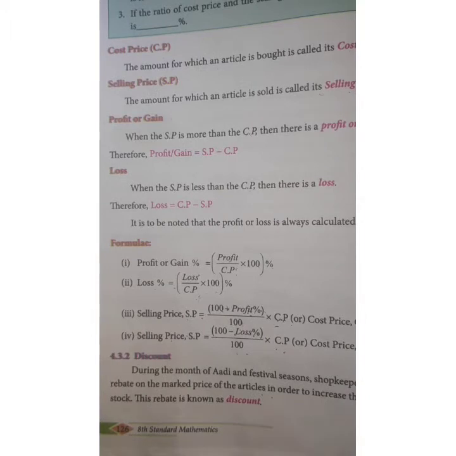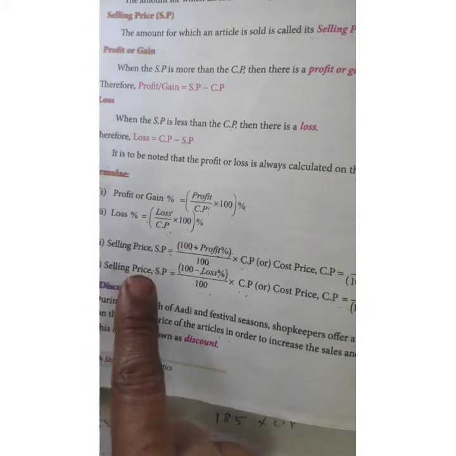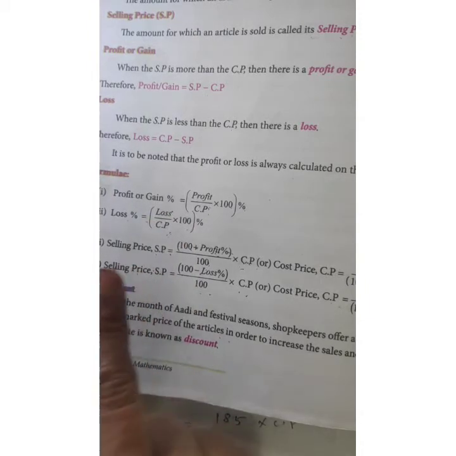Discount. You know that for festivals like Deepavali, shops give some discount. What is the meaning of discount? Some shops give a 30% discount for a festival, and some give a 50% discount on old stock. That is called the discount.